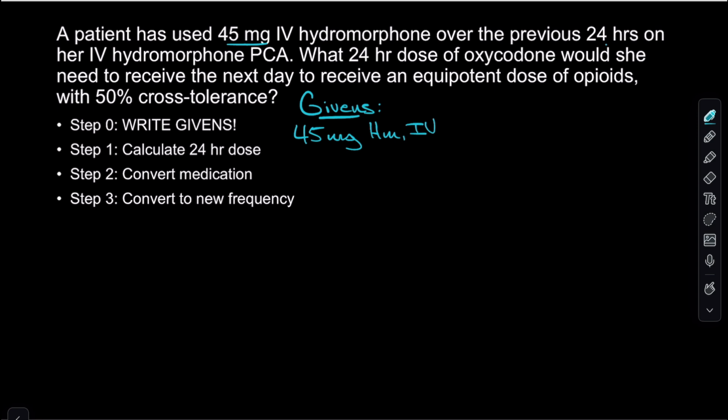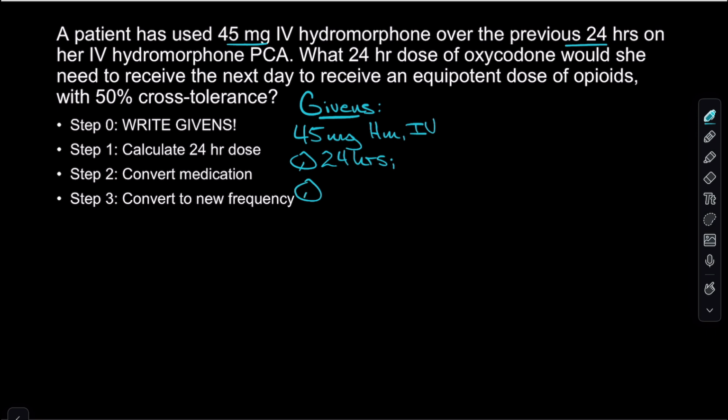Next number that we're given is over the previous 24 hours, so we'll say Q 24 hours on her IV hydromorphone PCA. What 24-hour dose of oxycodone would she need to receive?